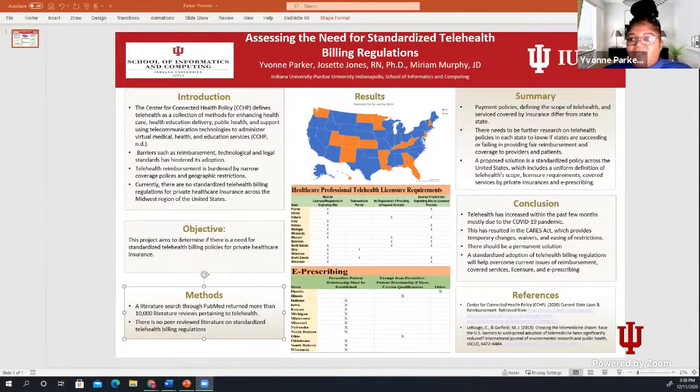If I go face to face, the physician will get 100% of the rate, versus, oh, if I see you online, I'm only getting paid 70% of the rate.